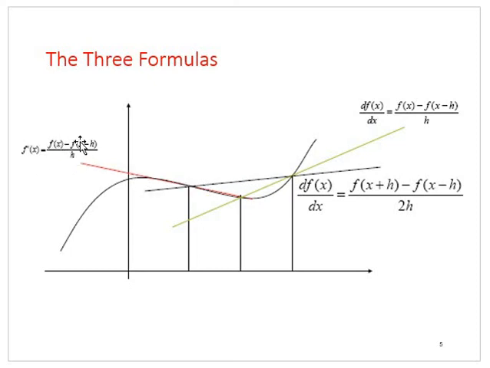For the backward, you have your f of x situated there, and then the gradient of this line will be this one and this one. So it's backward because you have your f of x here, and then here you have f of x minus h. And then the one that goes from here to there is forward, because you've got f of x and then f of x plus h.